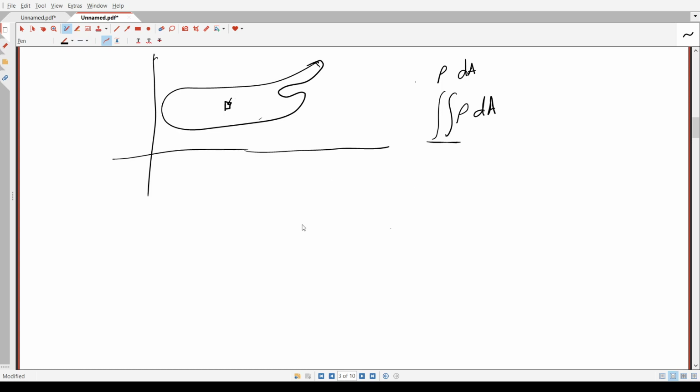So for example, if I had the region from -1 to 1, and then from 0 to 1, this is going to be a nice rectangle.